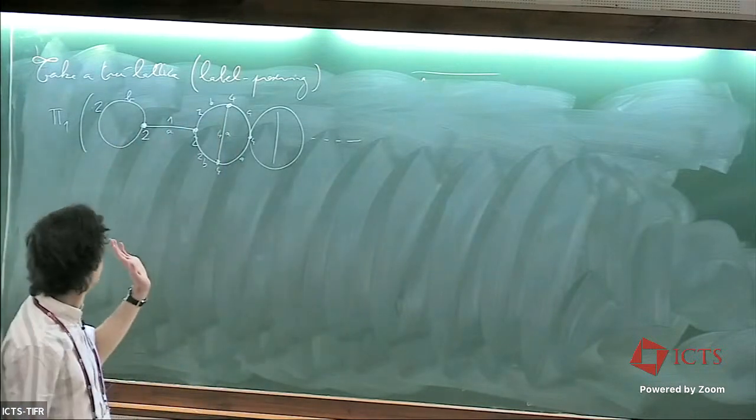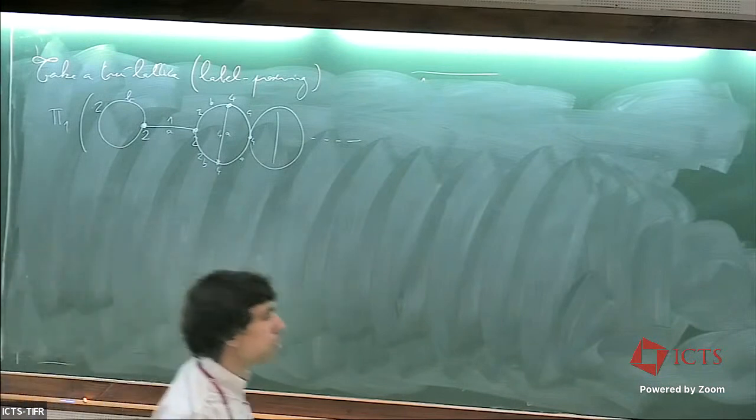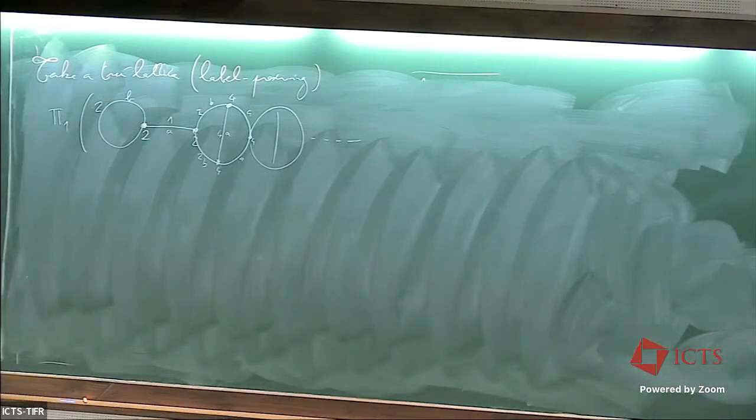So this lattice will act on the tree by preserving the labels, and the fact that it's label preserving says that you can extend to the whole space X by extending to the tori and the cylinders.